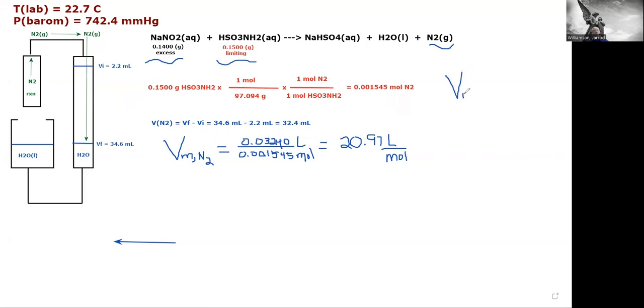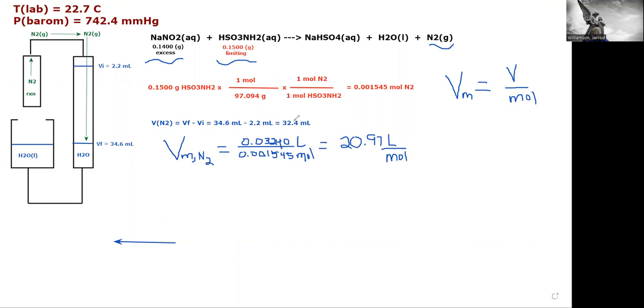Molar volume, that's V lower subscript M, is going to be the volume per mole of whatever gas you're talking about.